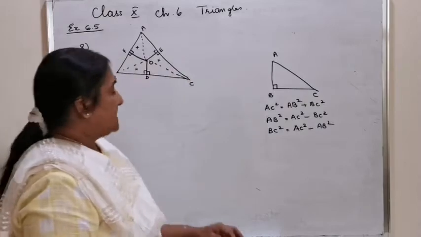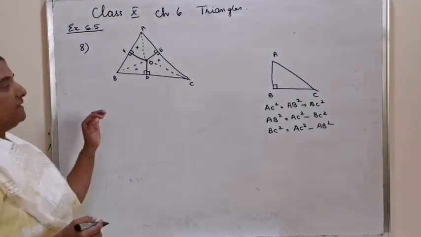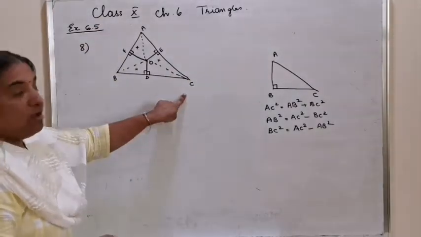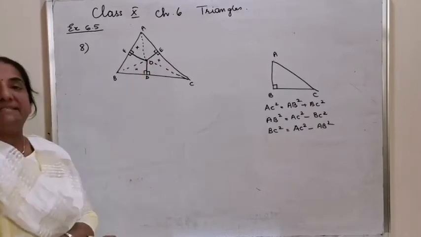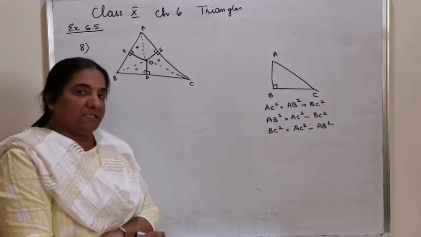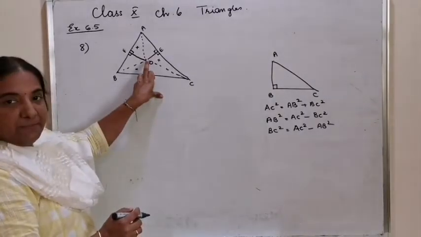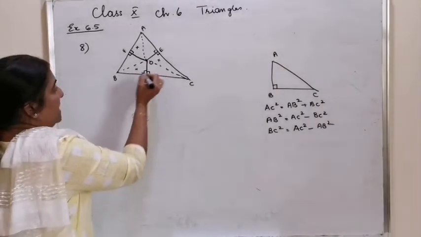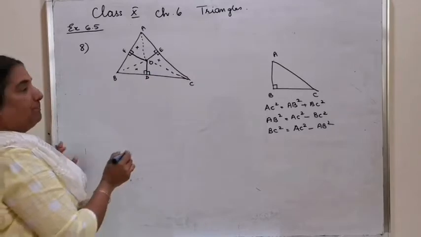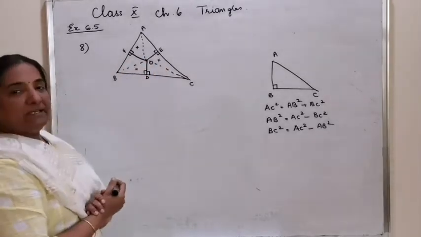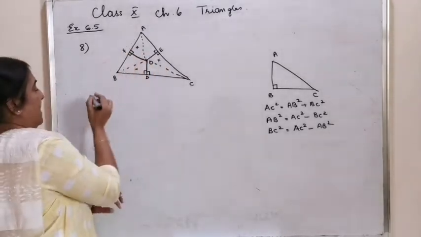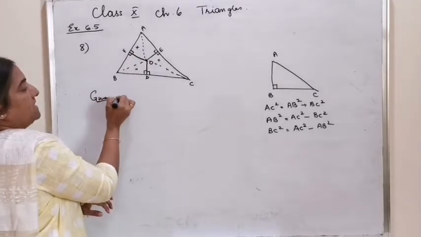The question is asking you, in triangle ABC, O is a point in its interior. That is, O is a point in the interior of triangle ABC. OD perpendicular to BC, OE perpendicular to AC, and OF perpendicular to AB is given.